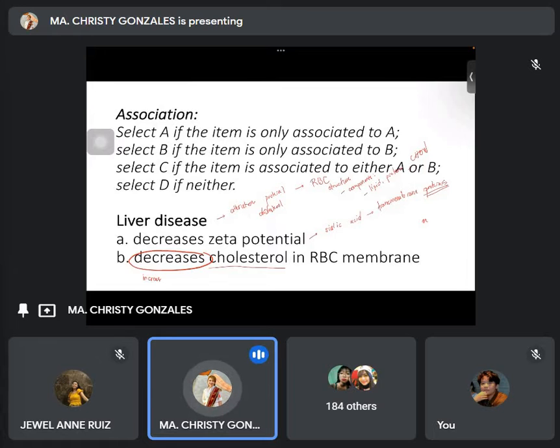So, though it is also affected, what did we answer here? Cholesterol. Okay, correct. So, though this one, the correct answer is letter A. Specifically, liver disease increases it.